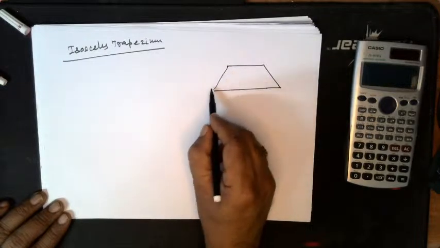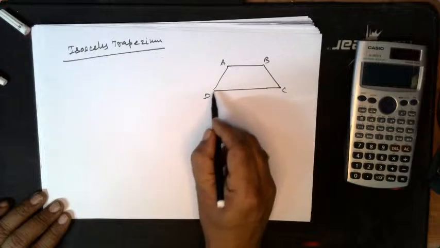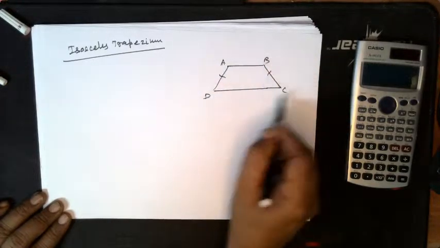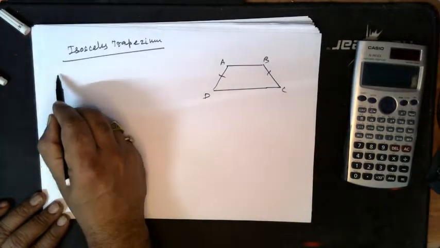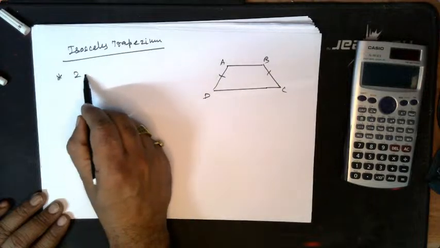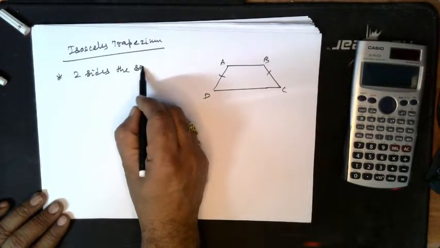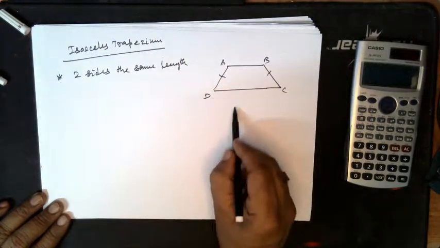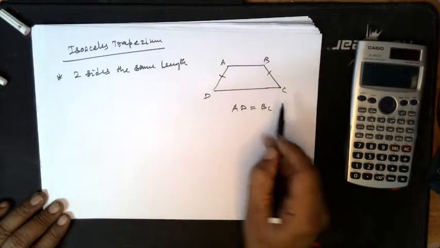It has two sides of the same length. What are those? AD is equal to BC. These two are equal.